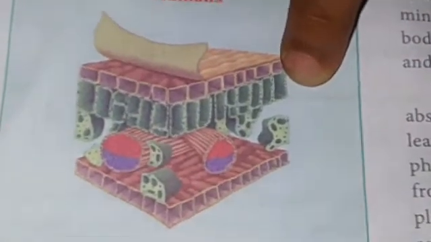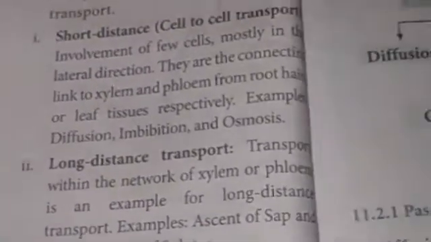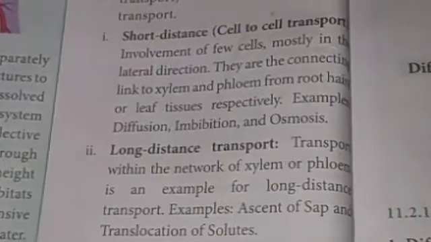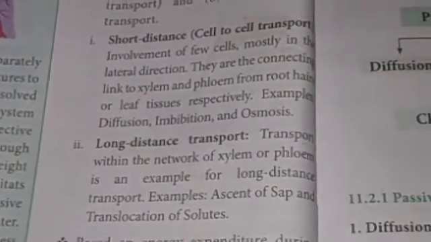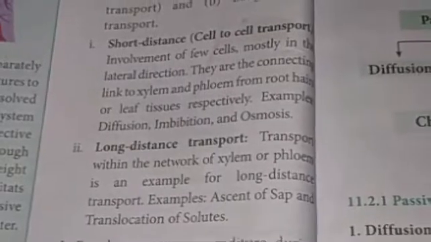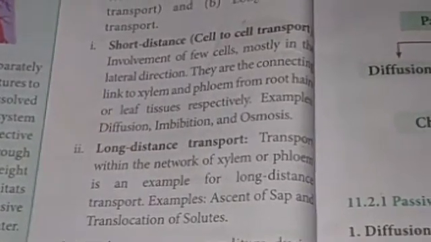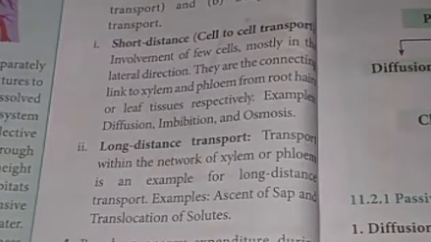In short distance transport, that is cell to cell transport, the movement of substances involves a short distance from one cell to the other cell. It involves a few cells, mostly in the lateral direction. They are connecting links to xylem and phloem from the root hairs or leaf tissues respectively.